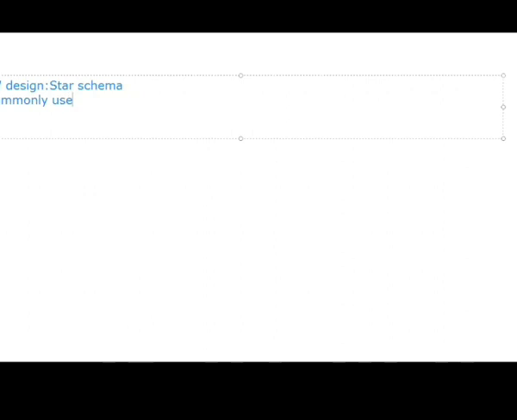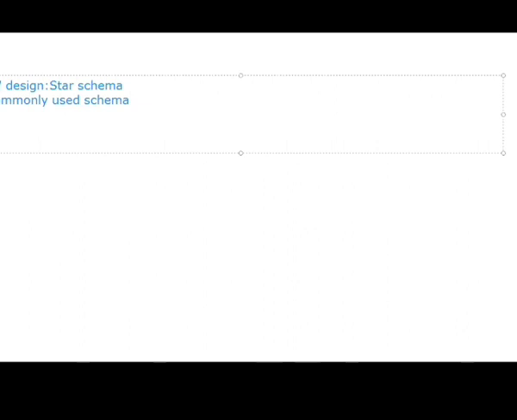Now, what exactly is star schema? Star schema is commonly used model to represent a data warehouse. Commonly used. So most of the representation of a warehouse can be done by using star schema. Now it is a preferred data architecture for the most data warehouses.